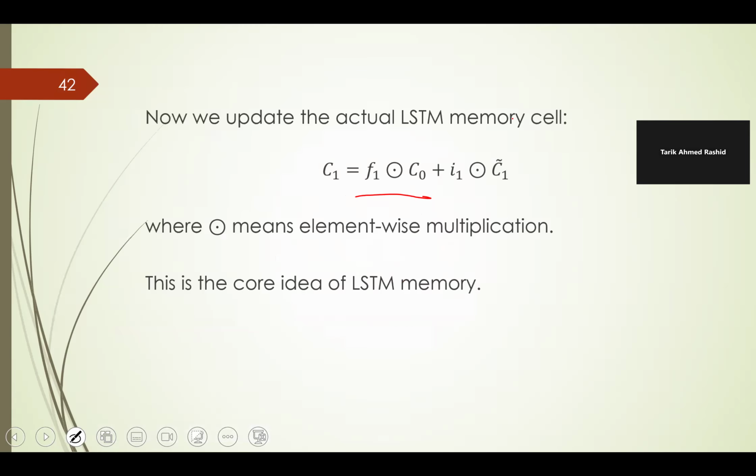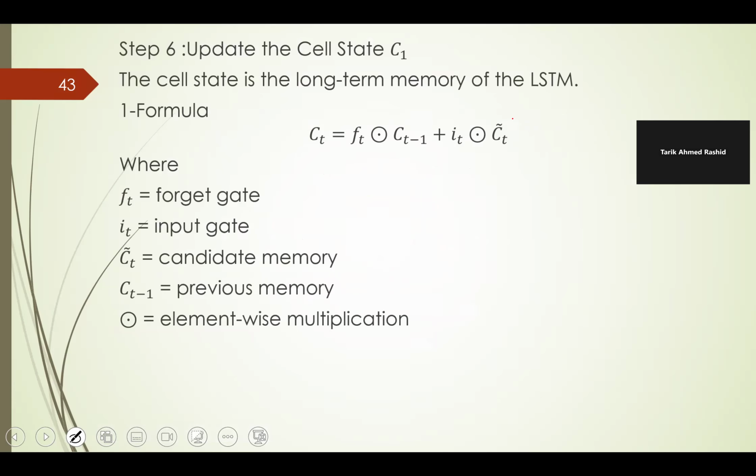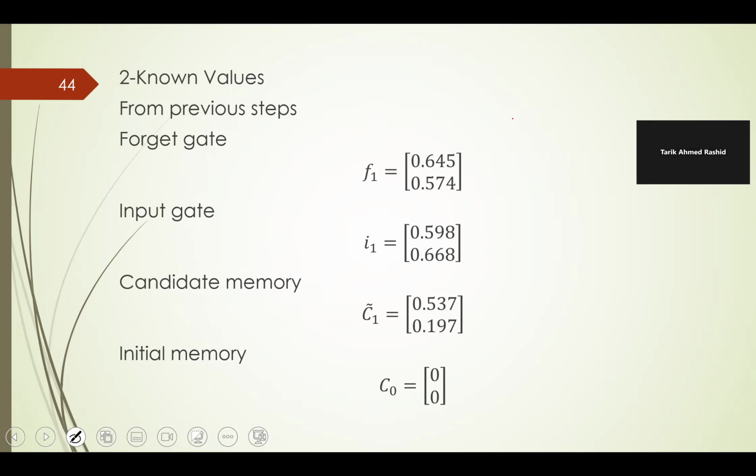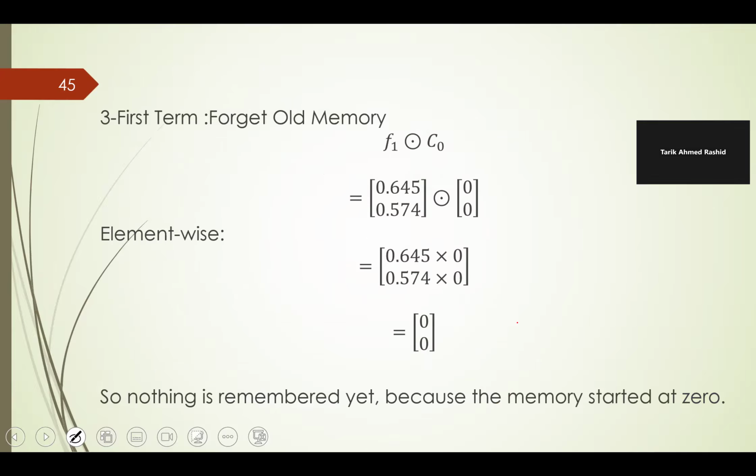Now let's do it. Forget multiplied by C dot, which I think is 0, so you'll have nothing. Forget is this one, I is this one, and C dot is 0, and C tilde, which we found, is the candidate memory, but the initial memory is 0. So this whole part is 0, nothing.